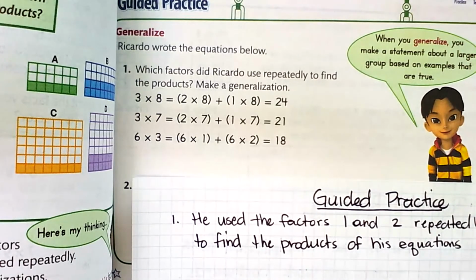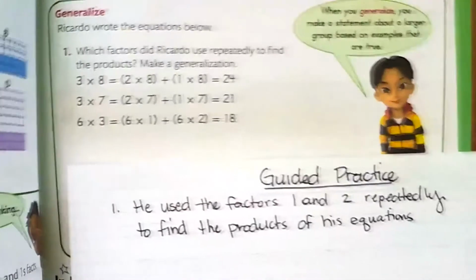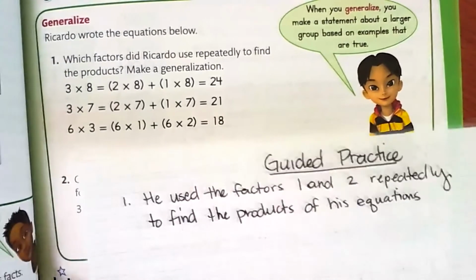Okay. So we can generalize, or we can say that I can break 3s into groups of 1 and 2. So that's the generalization we're able to make from this.